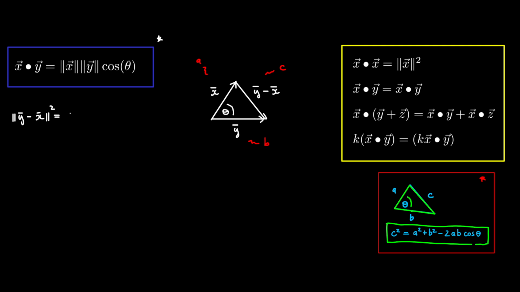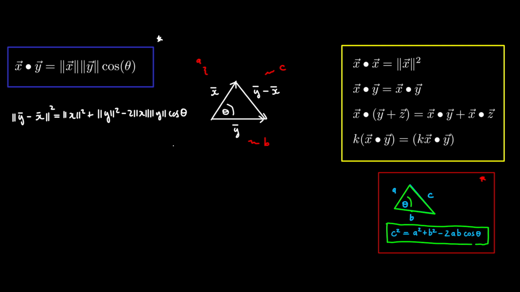So C squared is equal to A squared plus B squared minus 2 times A times B times cos theta.